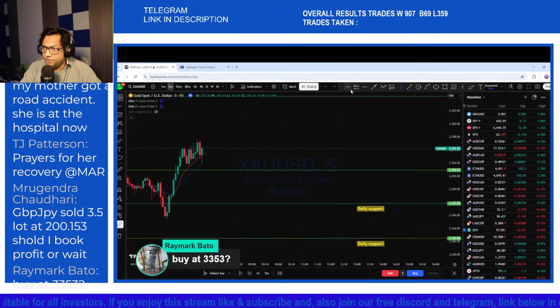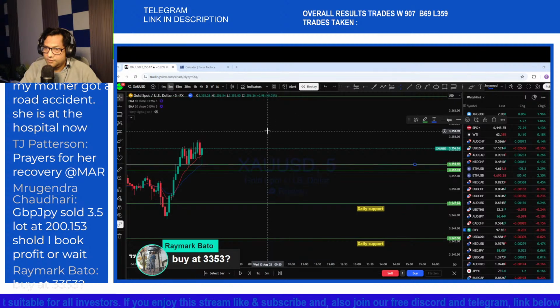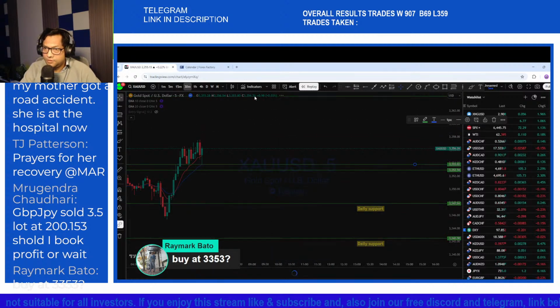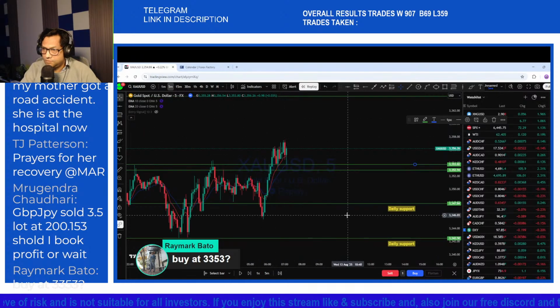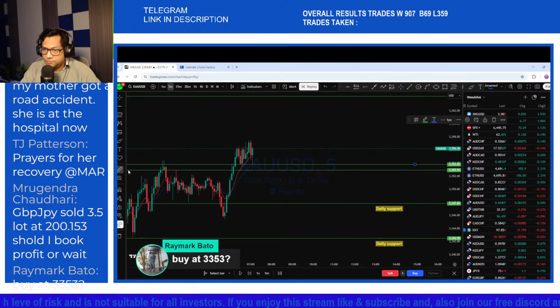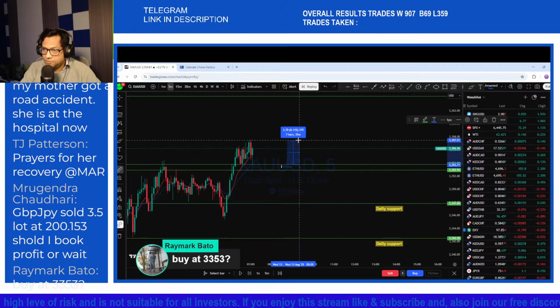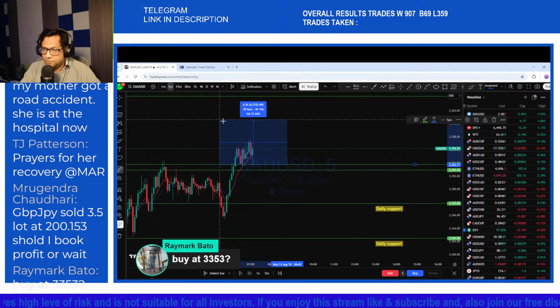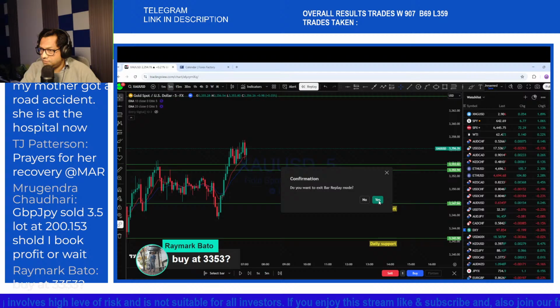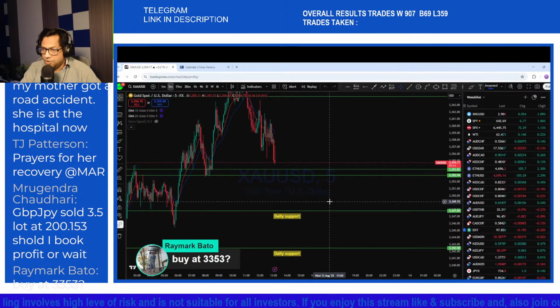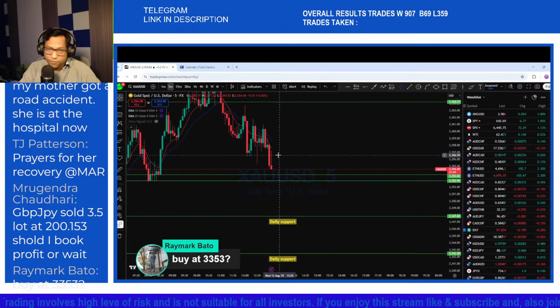Trend is very important. If you look at here, which is a key level, the market is breaking from that support level here.